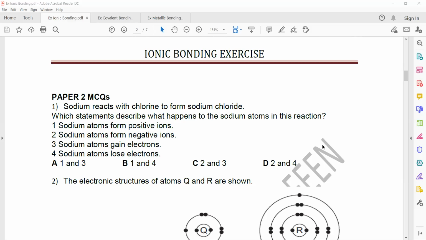Sodium atom reacts with chlorine. And what happened to the sodium atom? Sodium is a metal. Keep that in mind.